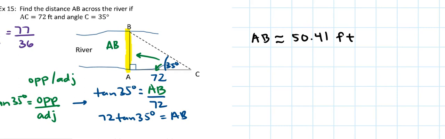Sometimes if they're talking about significant digits or significant figures, people might say that since AC is 72 feet, you can round to the nearest foot. There was no specification, but depending on directions, you could have rounded to 50 feet.